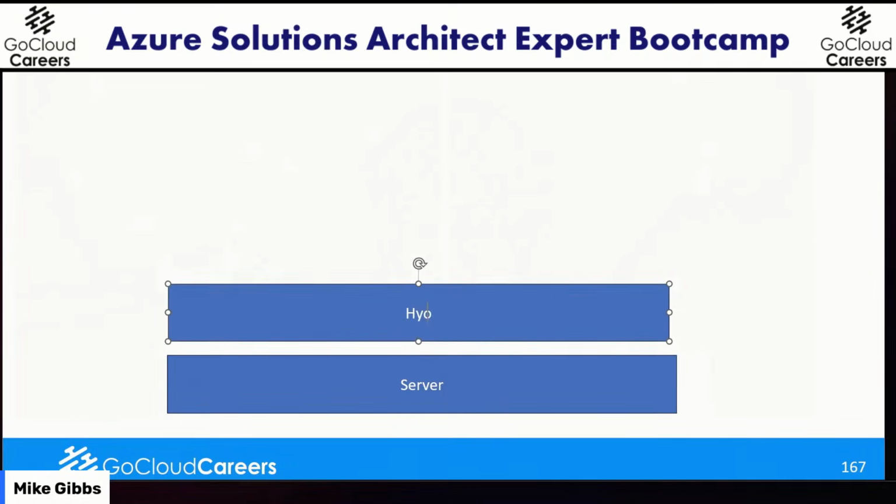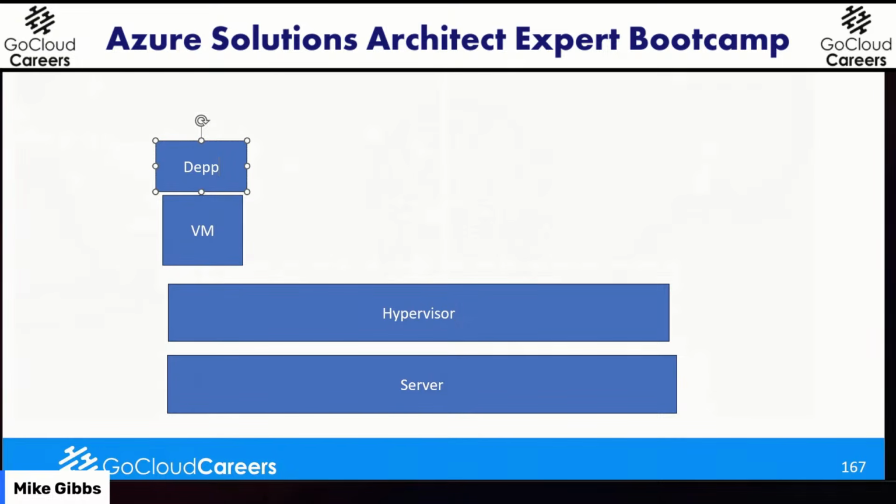You'll recall normally we've got this hypervisor here. And then we have a virtual machine. This is going to be the VM. And on the VM, we're going to have the dependencies. And then we're going to have the application. So this is traditionally the way it works.